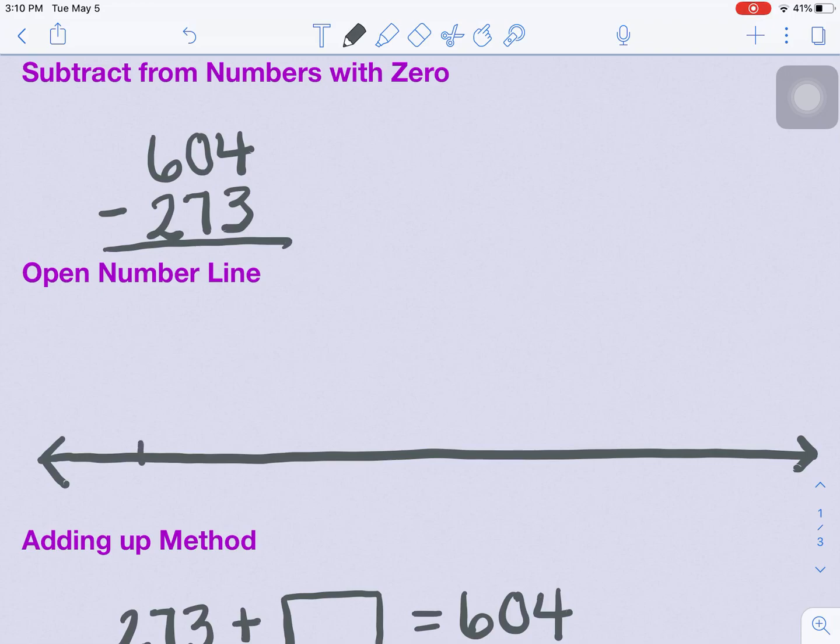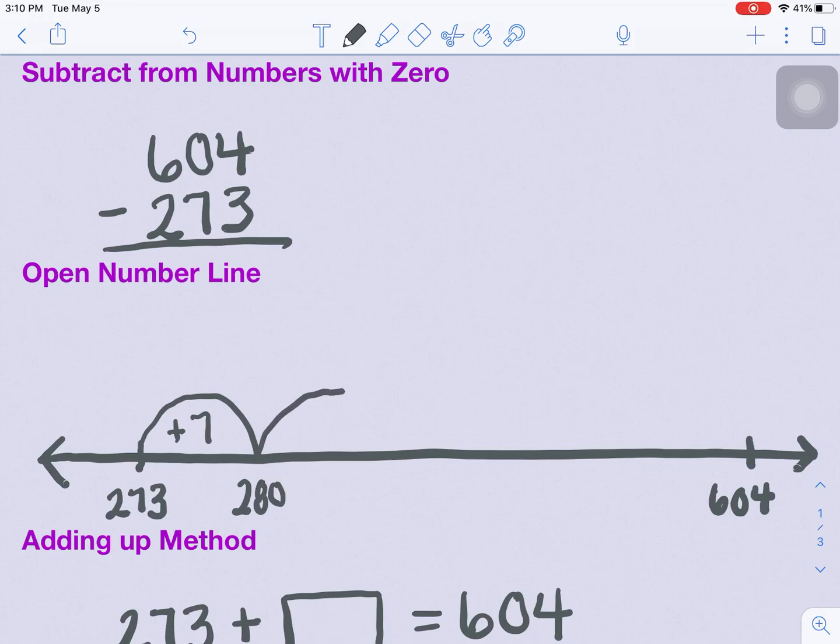If I'm using an open number line, I'm going to start at 273 and count up to 604. First I change 273 to the nearest 10: if I add 7, 273 plus 7 makes 280.